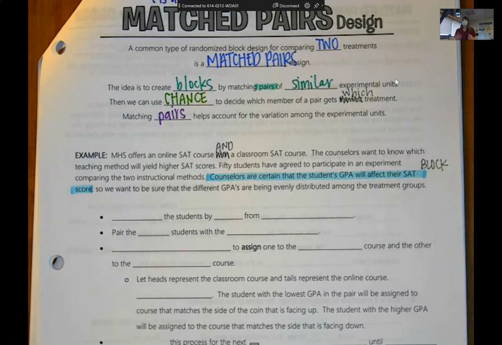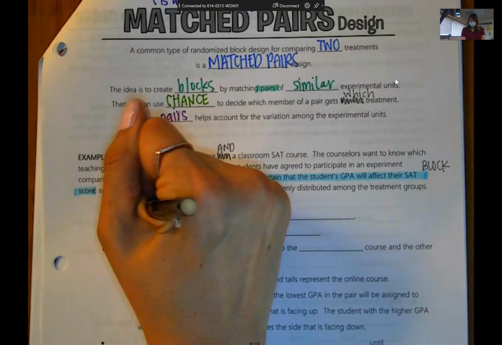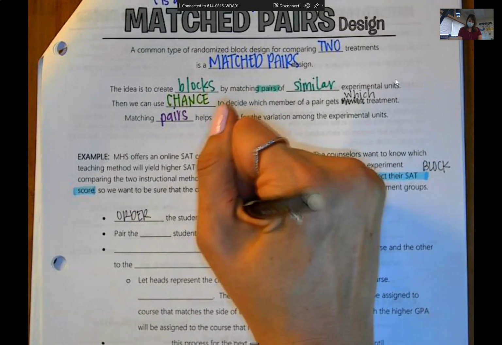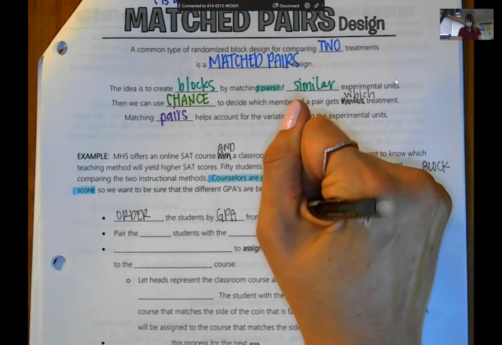So how would we block this? Well, we need to group these 50 students into pairs. So we're going to order the students by GPA from least to greatest.